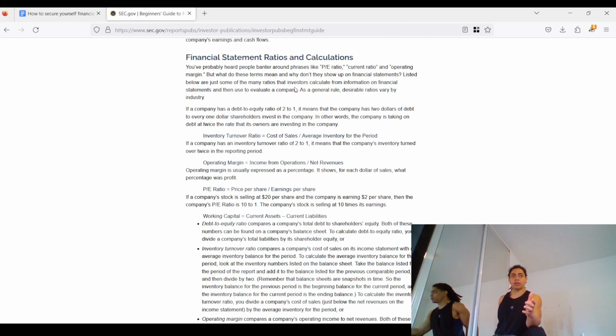After all, these are metrics, calculations, and ratios that are used by investors to evaluate a company, and the desirable ratios vary by industry. First we have debt to equity, in no particular order. A debt to equity ratio of 2 to 1.